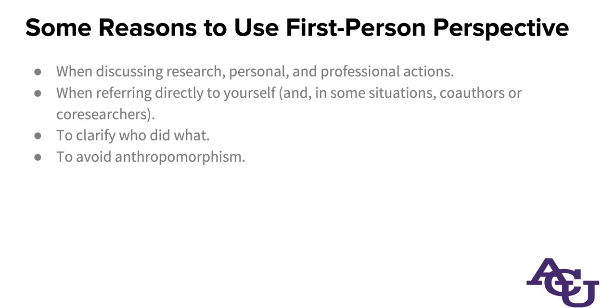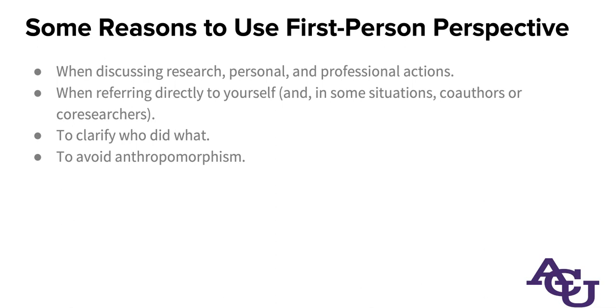So using first-person perspective is very helpful when you're describing something that you yourself did. And that includes when you are referring to things that you did with your co-workers, your co-authors, or your co-researchers. We use we. And this is all, again, about clarifying who did what.